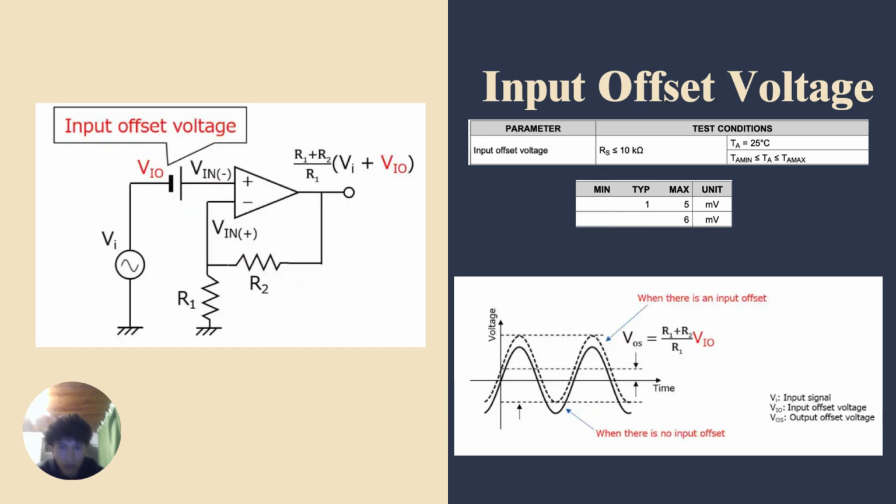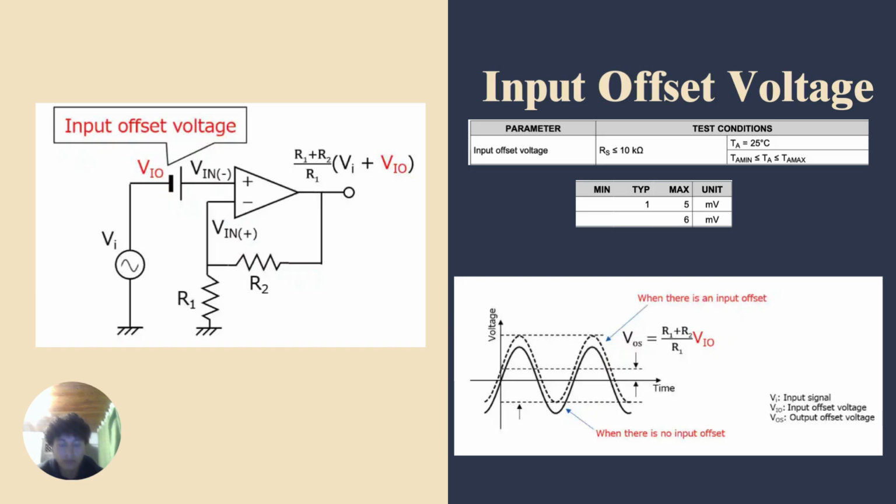The typical value is about 1 millivolt of offset, and the maximum value is 5 millivolts at 25 degrees Celsius, or 6 millivolts. And here we can see how it affects an AC signal by applying a DC level to it.